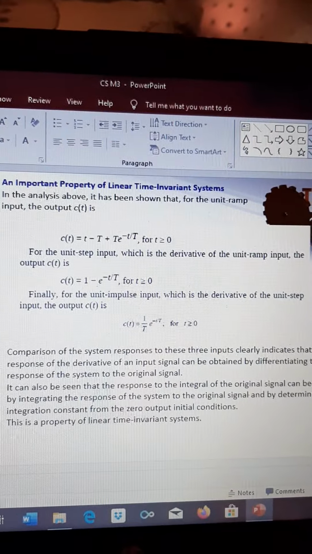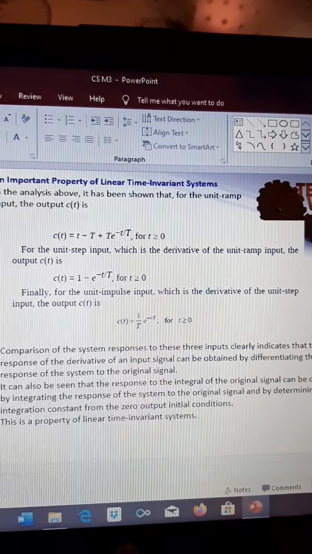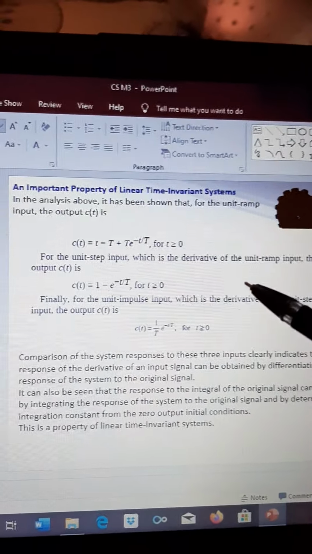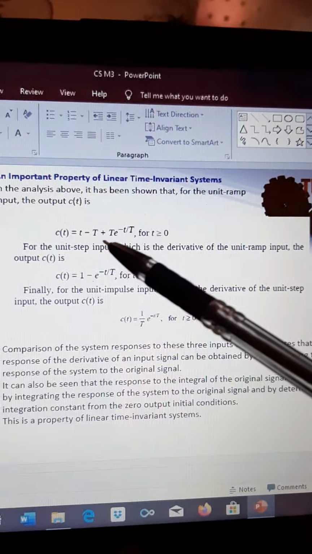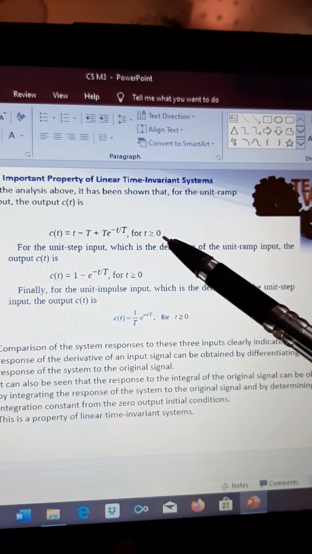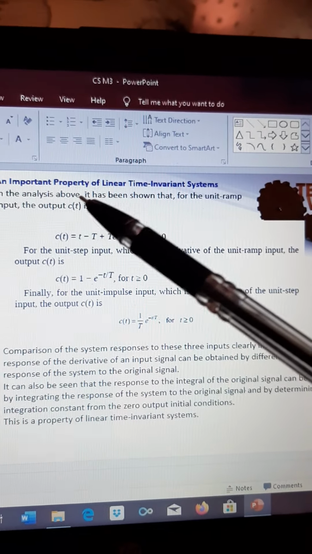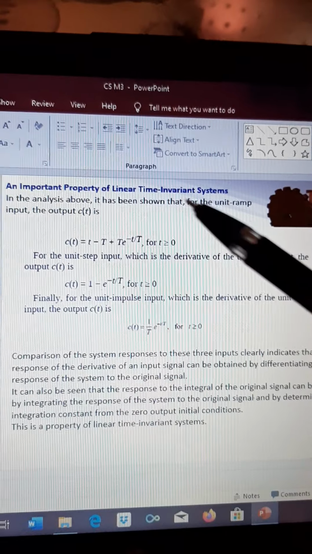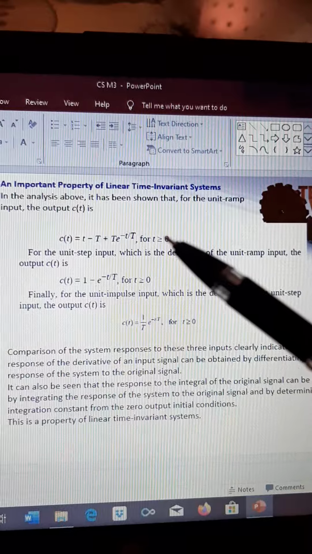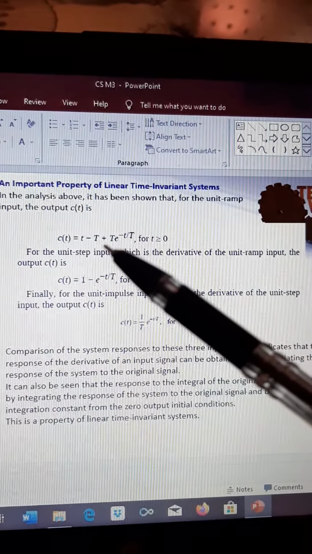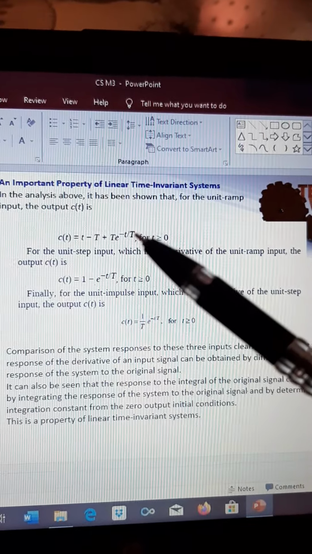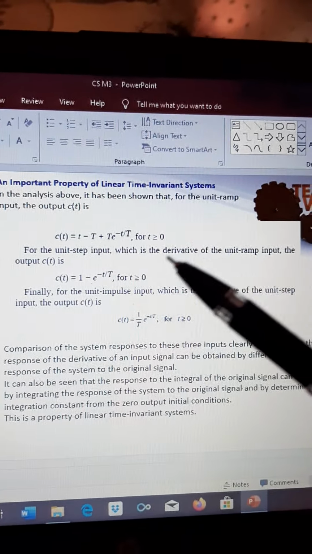The analysis has shown that for a unit ramp input, we already came across that the output c(t) is t minus T plus T e to the power of minus t by T for t greater than or equal to 0. This is for a unit ramp input.